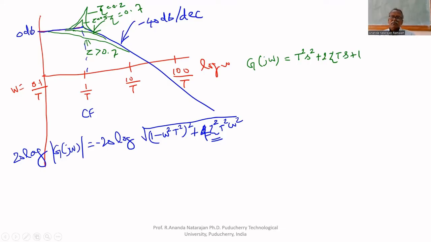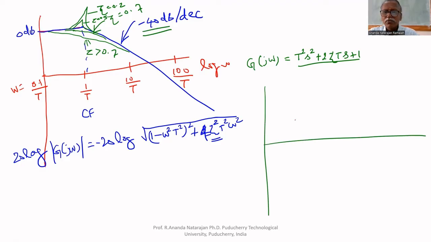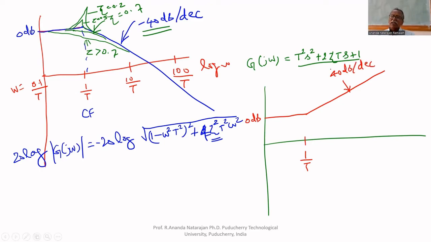Then the plot is just opposite to this. Here, it decreases at the rate of minus 40 dB per decade. Instead, it will increase. Therefore, the plot will be like this. Up to 1 by tau, it is 0 dB. After that, it increases at the rate of 40 dB per decade. This is second order factor in the numerator.